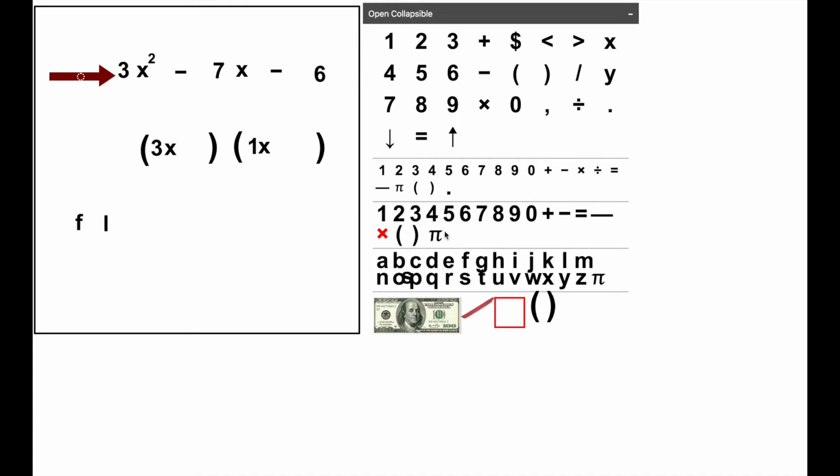All right, but now we're going to do our last because we are doing FOIL. So how do we get 6? Okay, 3 and 2.